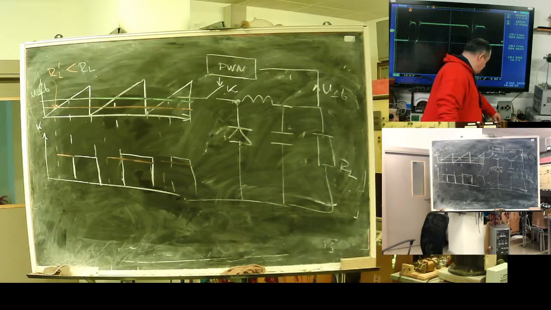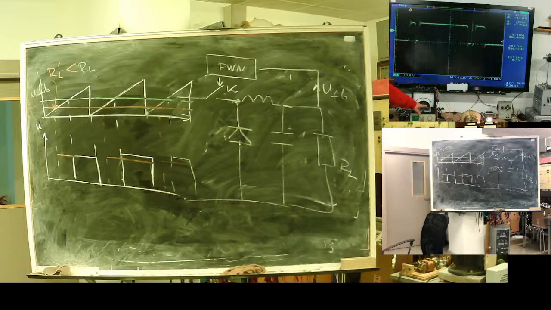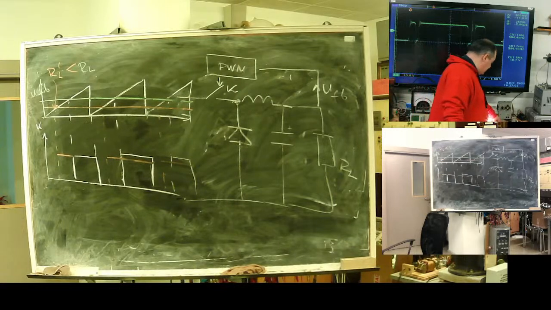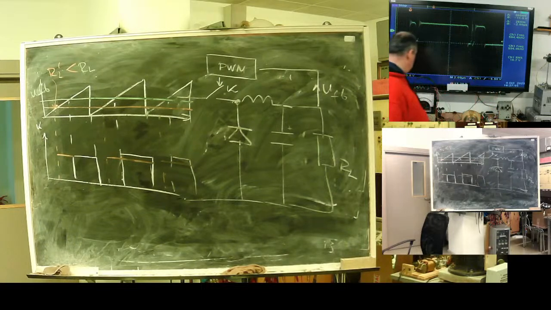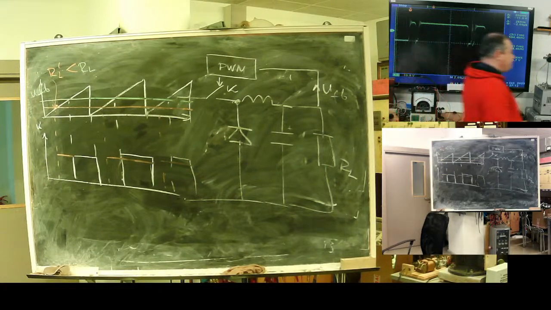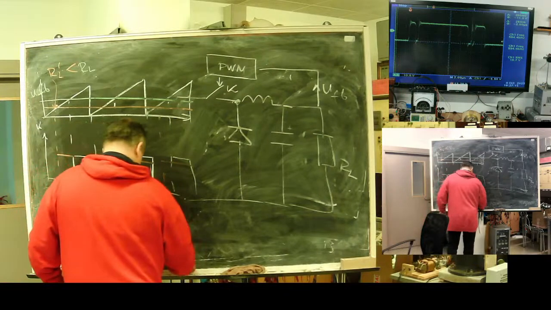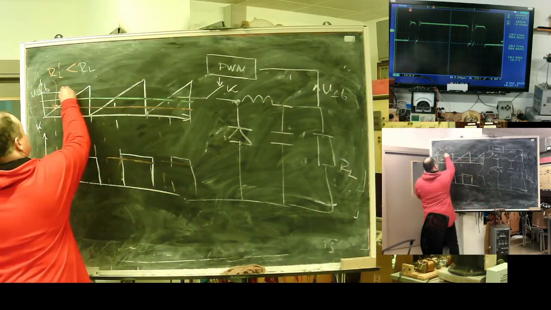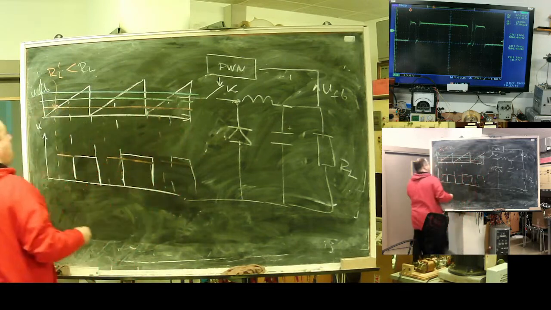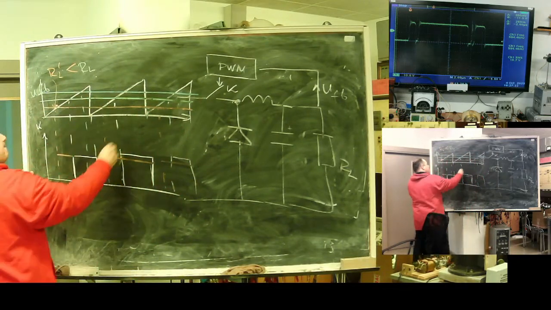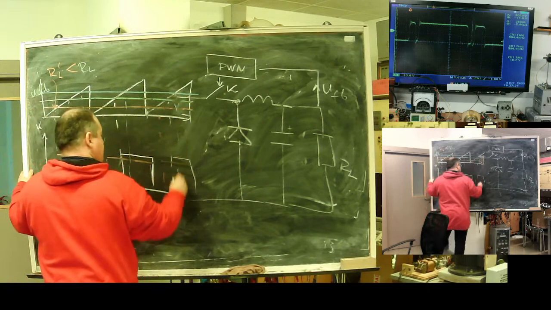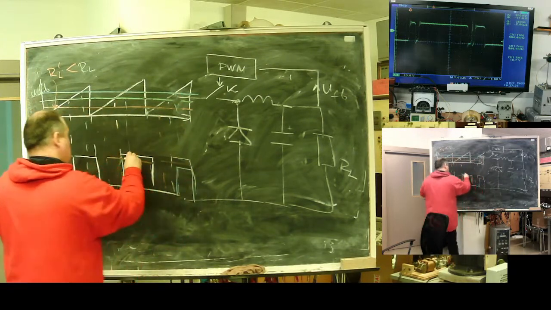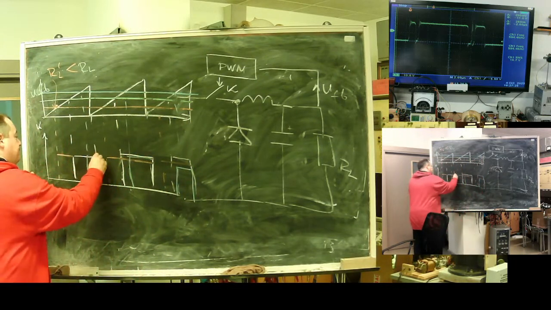See, we had a load of 40 watts. I decrease it to the level of 19. Okay. What will happen? I can draw it here. Blue one.